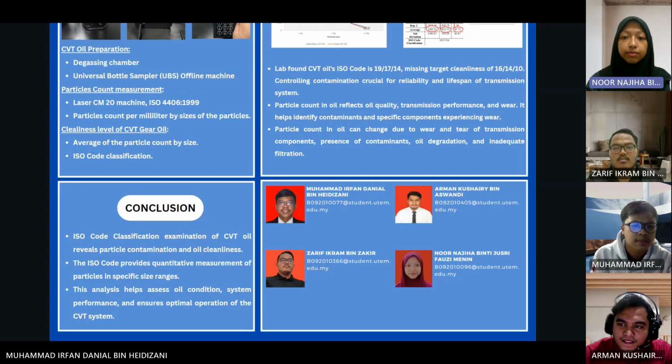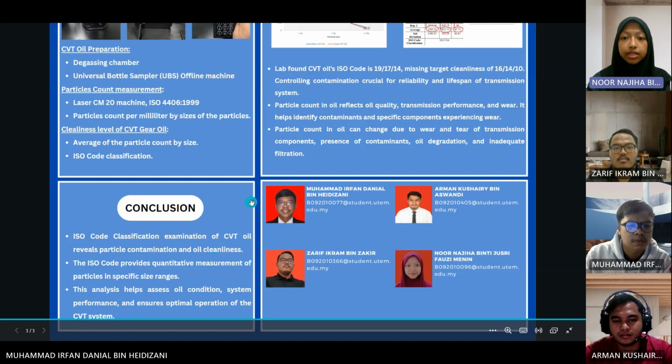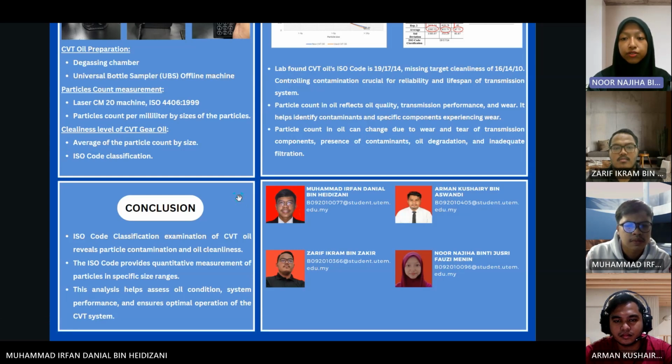Maintenance professionals can determine the levels of particle contamination in the lubricant and make informed decisions regarding oil changes, filtration, and maintenance procedures. Regular monitoring of particulate data aids in ensuring optimal system cleanliness, minimizing attrition, and maximizing machinery dependability and longevity.